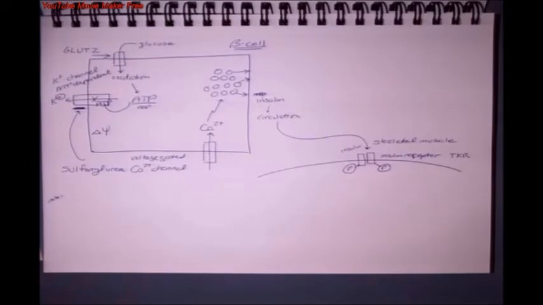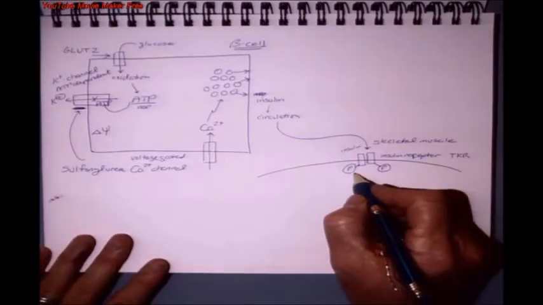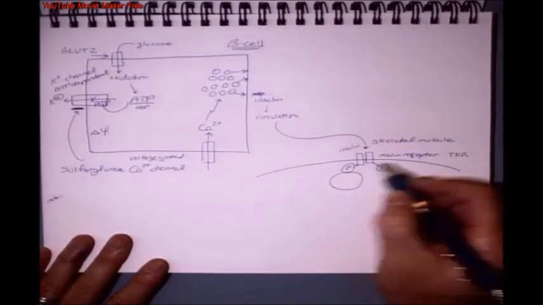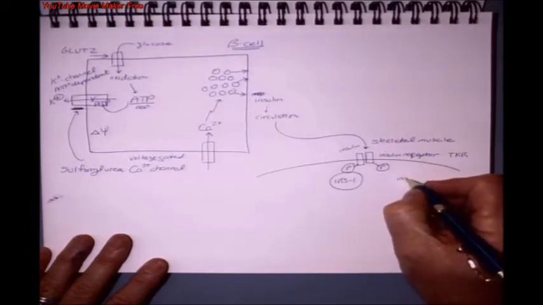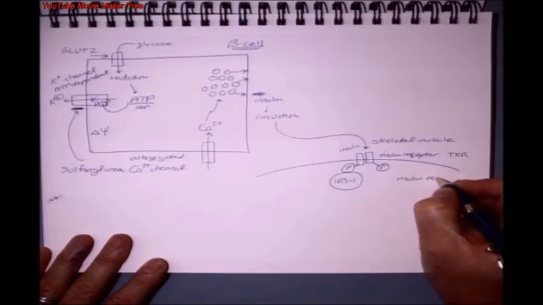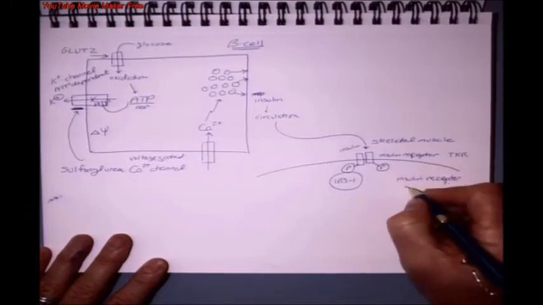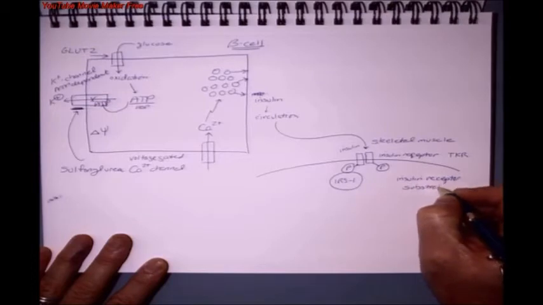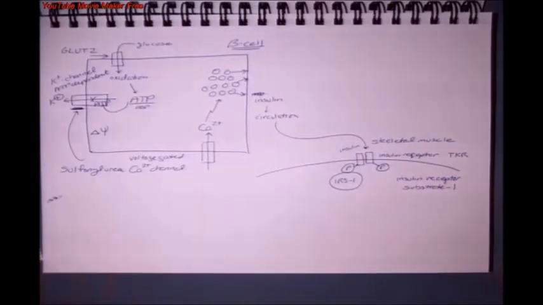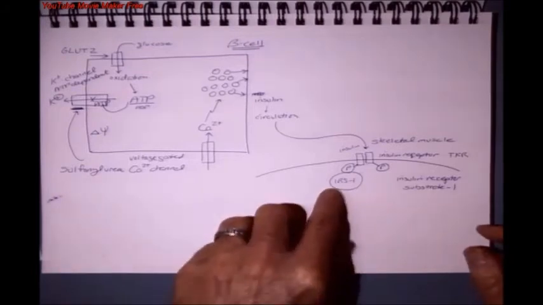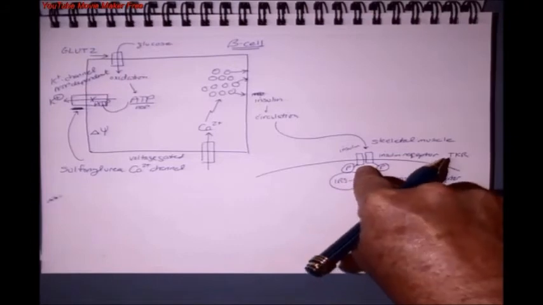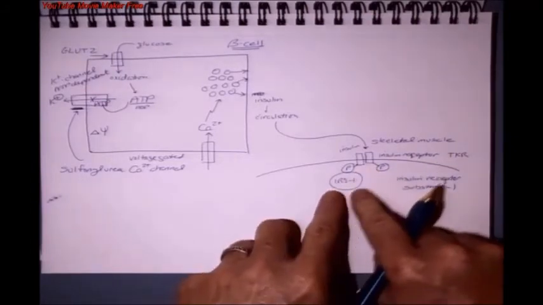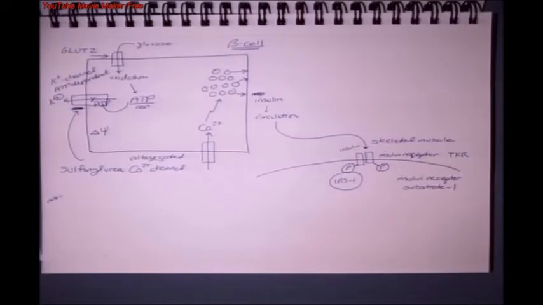Now, once we have it activated, the next step is to bind a molecule called IRS1, for insulin receptor substrate type 1. And IRS1 now is normally free in the cytoplasm, but when it recognizes the phosphorylated insulin receptor, it will come and bind to the receptor.